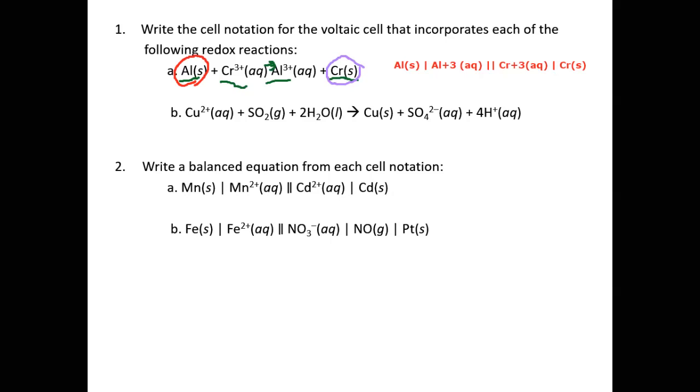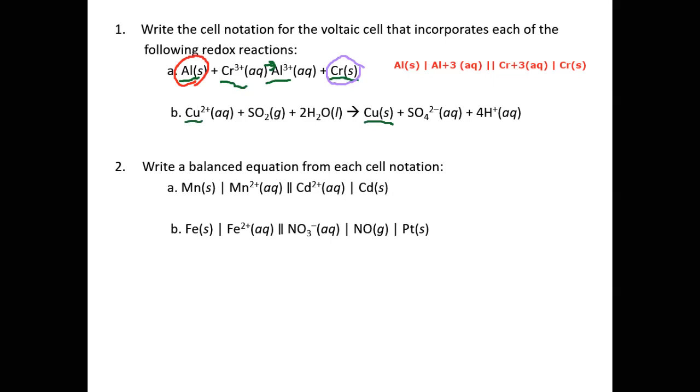Next we look at B. We have copper 2 plus reacts with sulfur dioxide to form copper solid and sulfate. The H plus indicates it's an acidic solution. So again, what we notice, we have copper is 2 plus, and then we go to copper solid. So that tells us that copper is reduced.